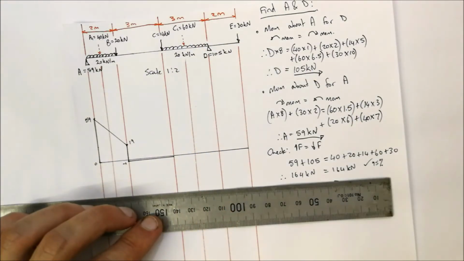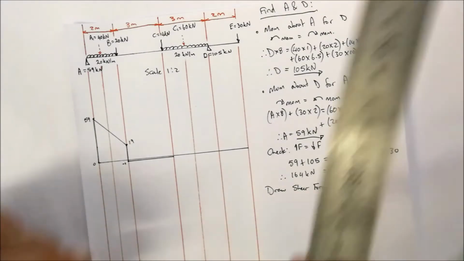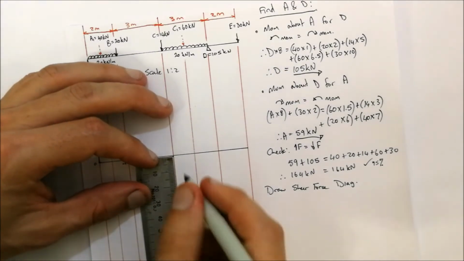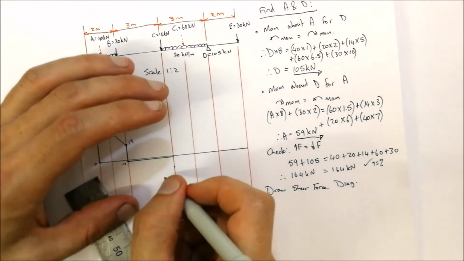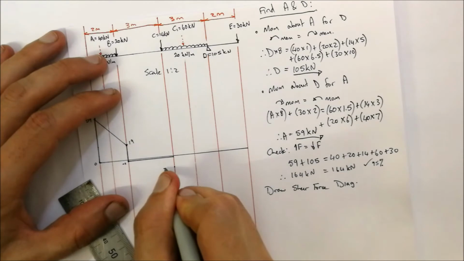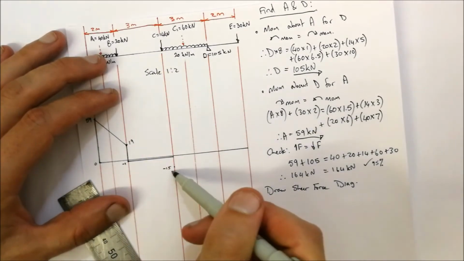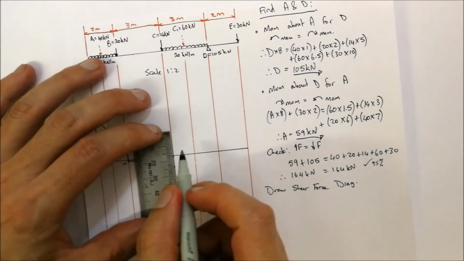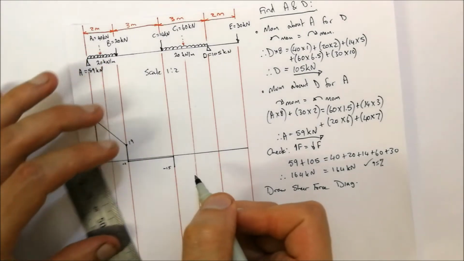At C, that's 14 kilonewtons downwards, so that's going to be equivalent to 7 millimeters. Okay, 6, 7 over there. That's going to be representing minus 15, because minus 1 minus 14 is equal to minus 15. Okay, and we can draw our line over there between the two dots.